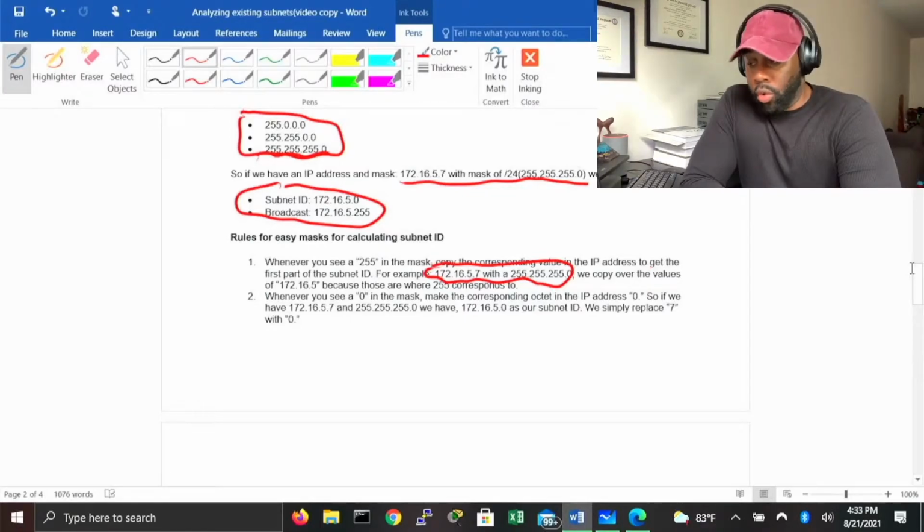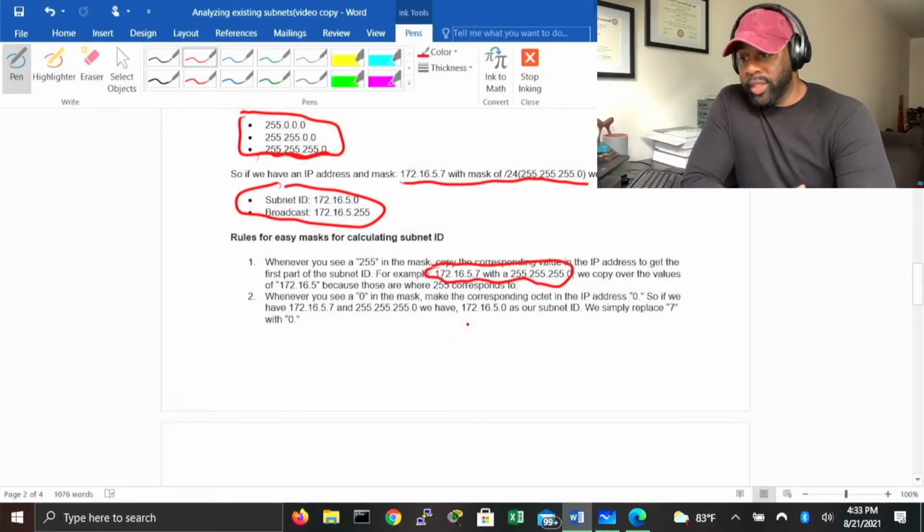The next rule is whenever you see a 0 in the mask, make the corresponding octet in the IP address 0. So if we have 172.16.5.7 and 255.255.255.0, we have 172.16.5.0 as our subnet ID.